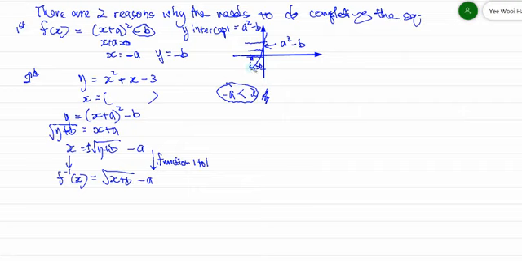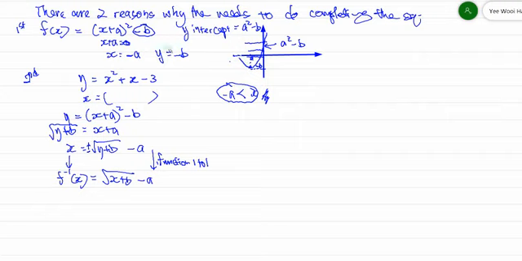It means the function value can go as low as minus b. Below minus b, the curve doesn't exist, because by the time it reaches y equal to minus b, it is already at the turning point. After that, it will go up again.